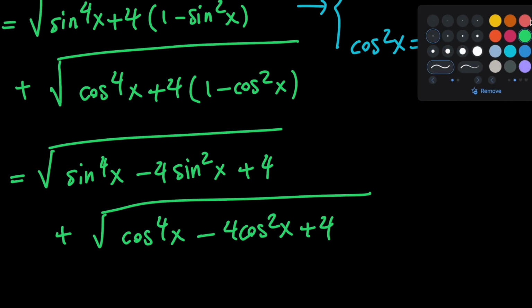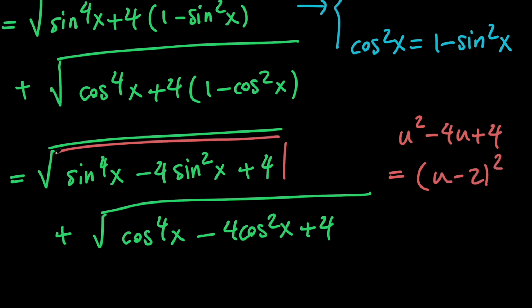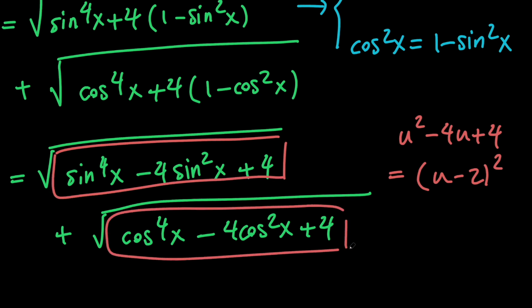Now notice that the expression u squared minus 4u plus 4 is a perfect square because it is equal to the quantity u minus 2 all squared. Now, if you look at this expression and this expression, you can see that both of them have the same form as this expression.